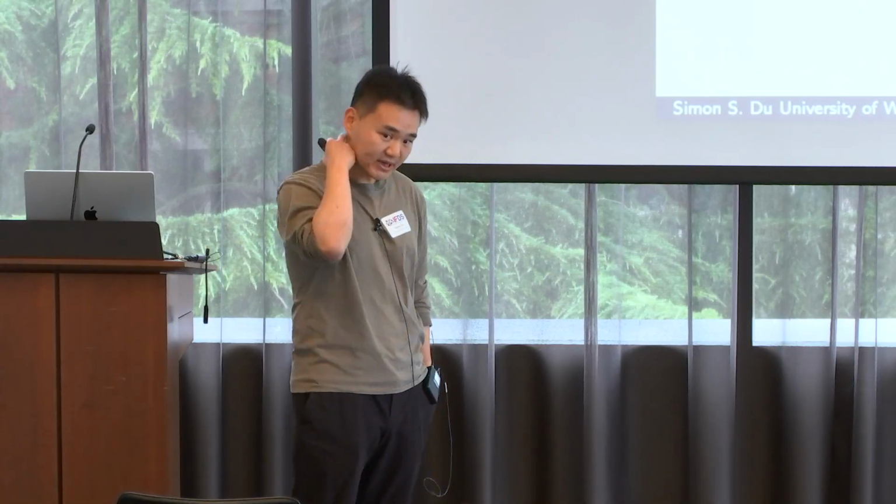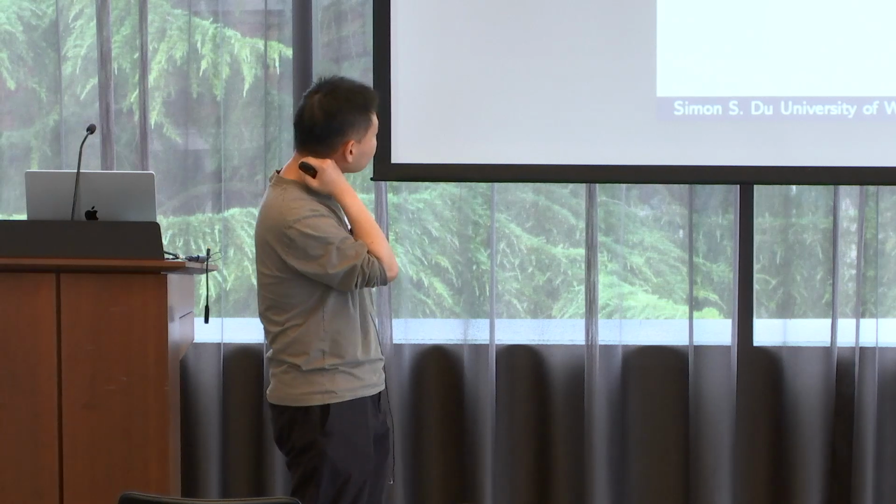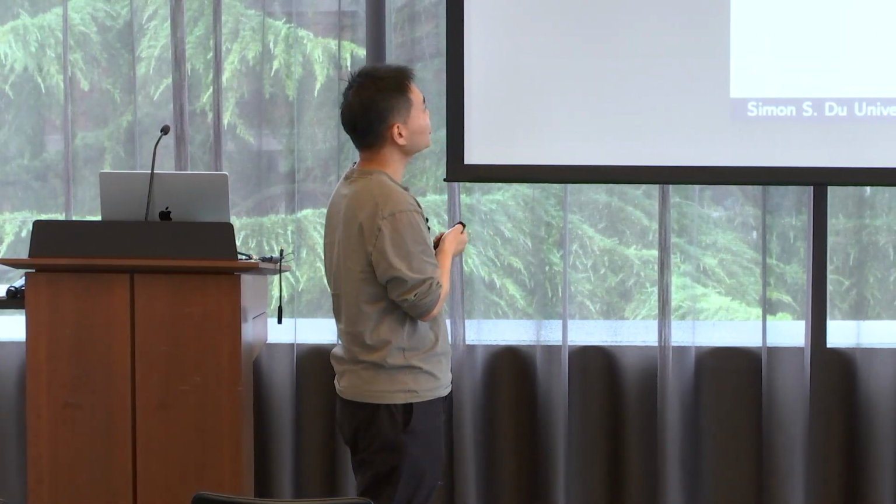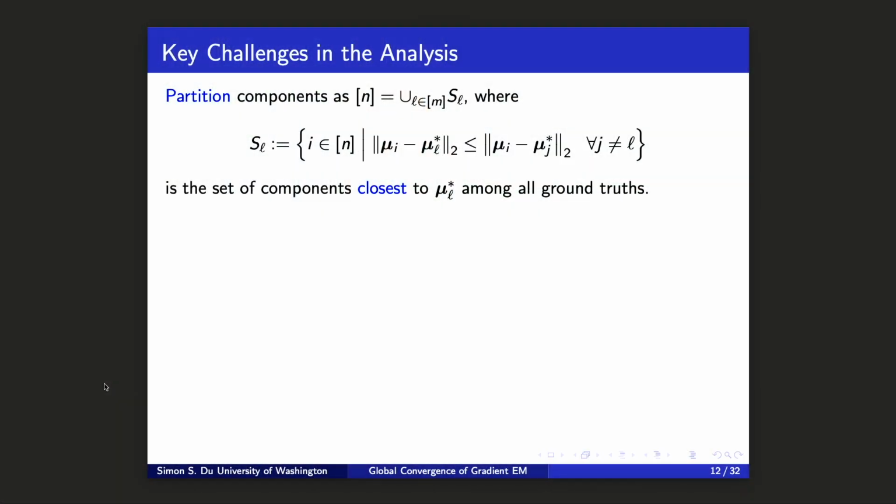Okay, so now let's get into some technical details. So first idea is we need to have this partition of our learned means. You remember we have n means we want to learn, and we separate them into m sets. Basically, S_l is the set of all the means mu_i that are closest to mu_l star compared to other means.